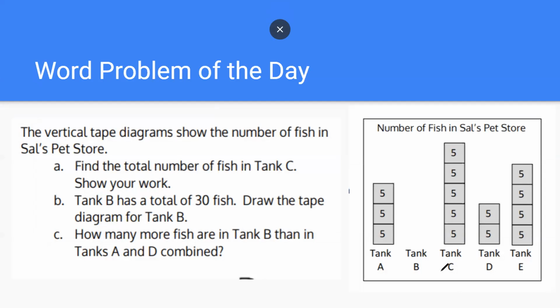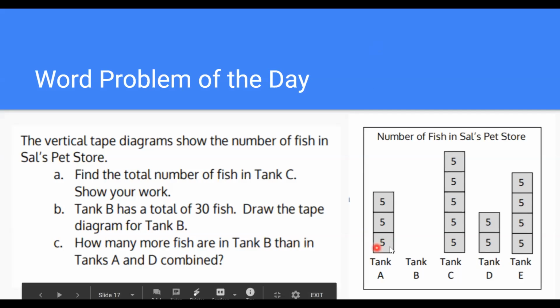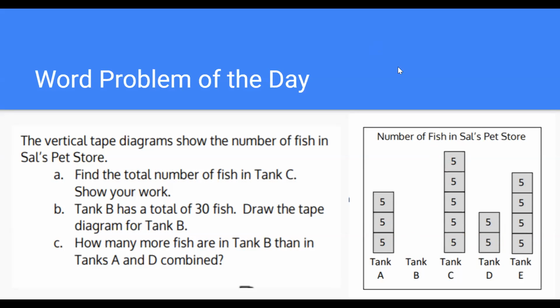And in each of the tanks, there are units of 5. So there's tank A. I don't see anything for tank B. Here's tank C, tank D, and tank E. So now what we're going to do is answer some questions because we can use the data to answer and solve some problems.